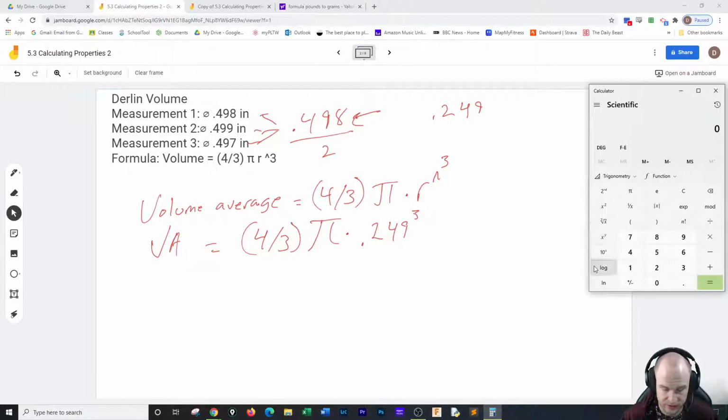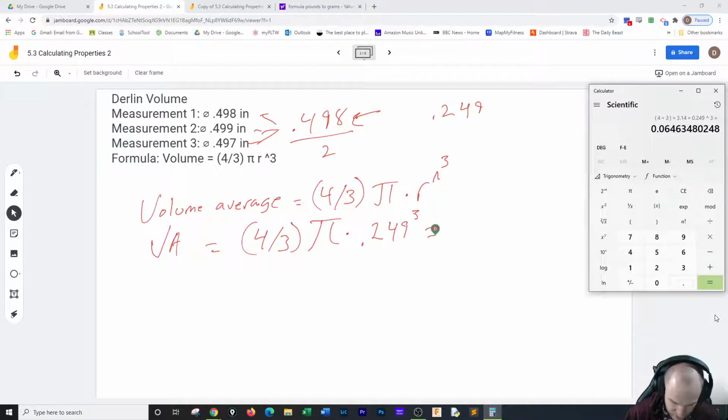Yeah, I got a powers up button here. So if I was to punch this all in the calculator and I did 4 divided by 3 times 3.14 times 0.249 to the power of 3, I would get 0.0646.